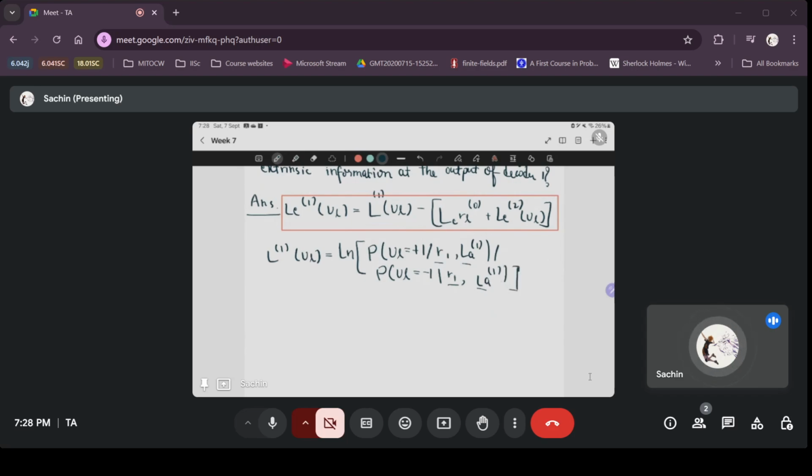So this L1 of UL is affected by the received vector and the a priori probability.